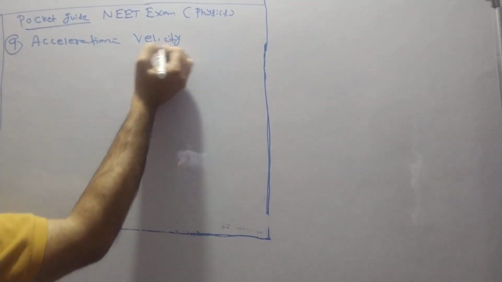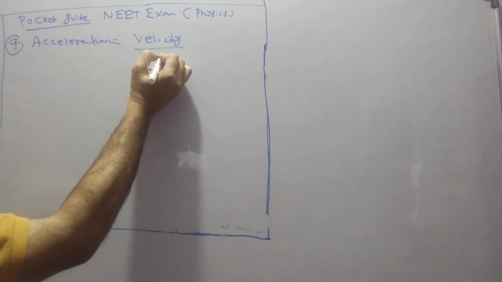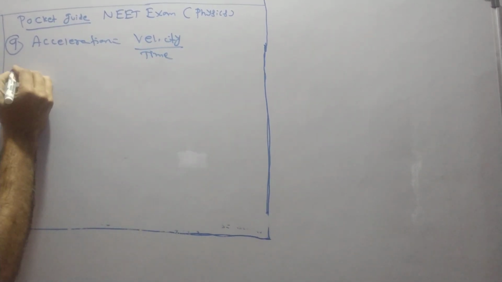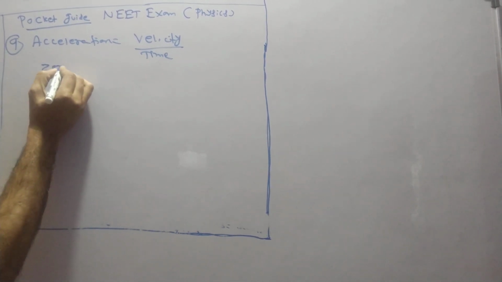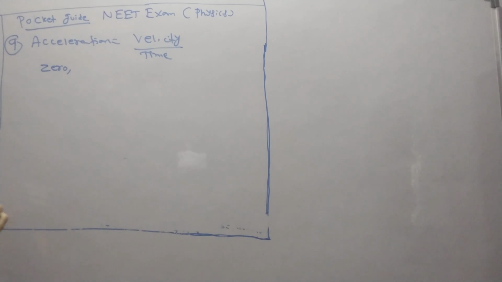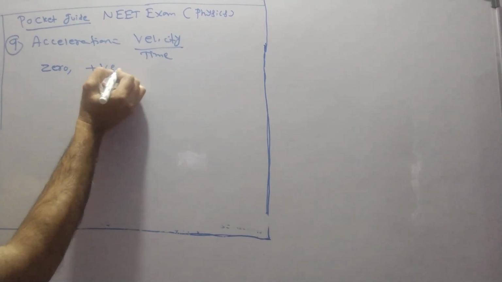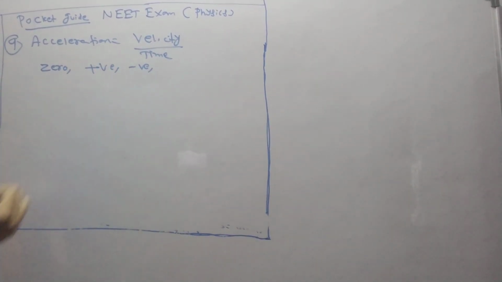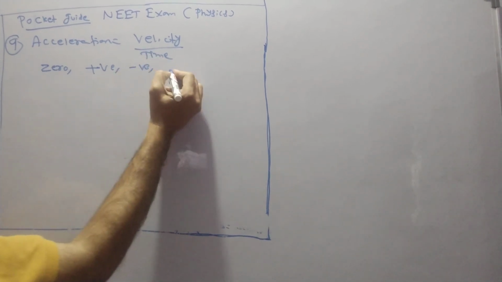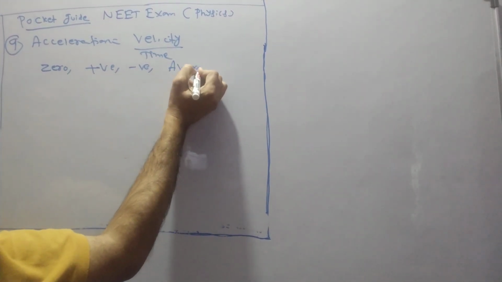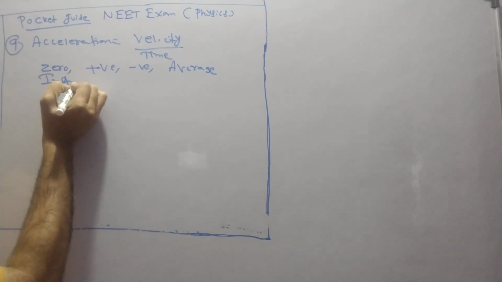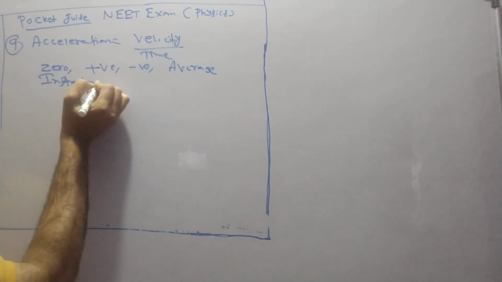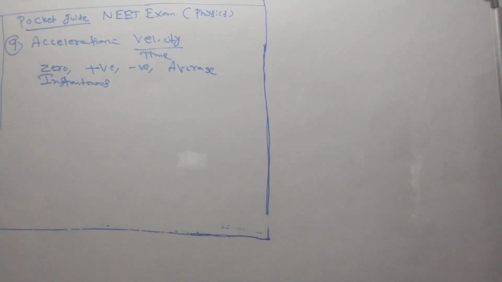Types of accelerations are zero acceleration, positive acceleration, negative acceleration, average, and instantaneous. So these are the types of acceleration.